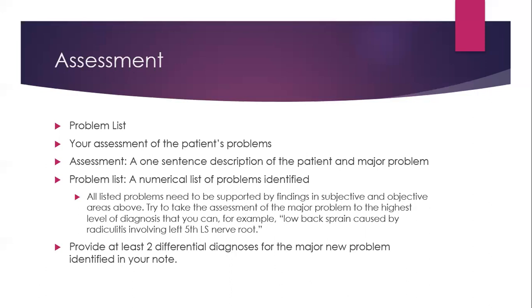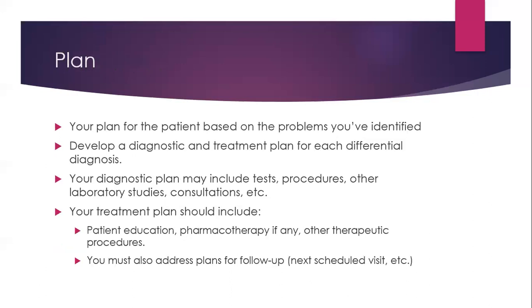After the nursing diagnosis, we go for the plan, or planning. Planning means determining the patient's needs. You plan for the patient based on the problems you have identified. Develop a diagnostic or treatment plan for each differential diagnosis.